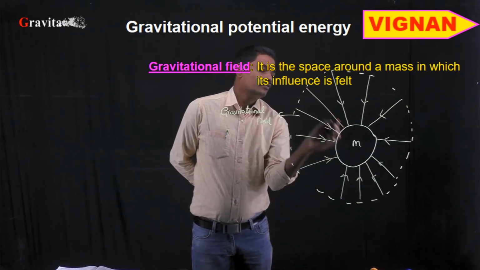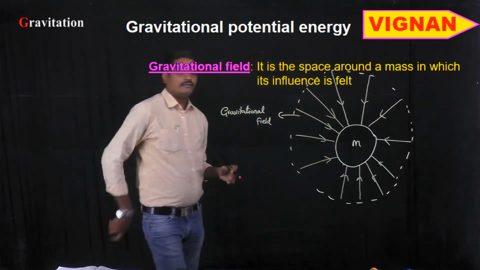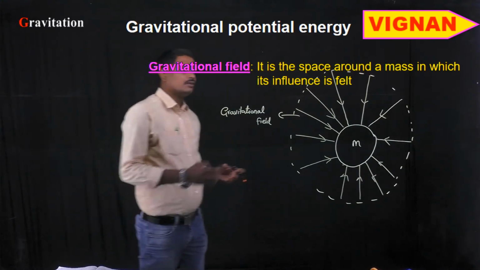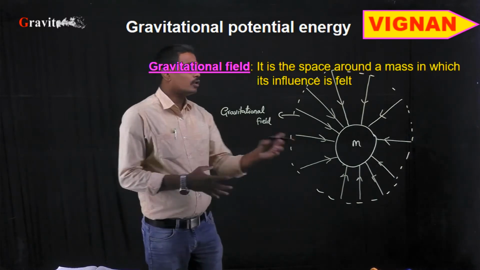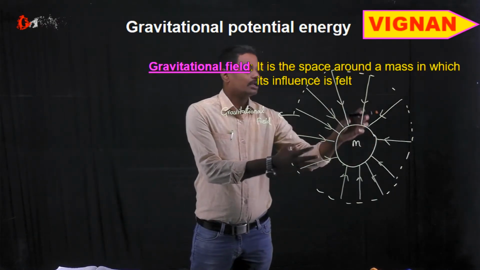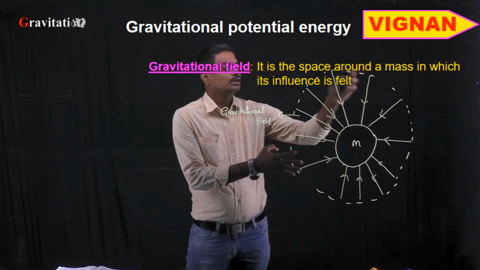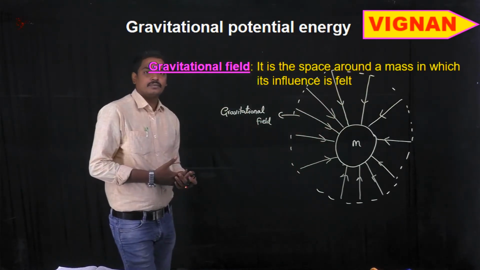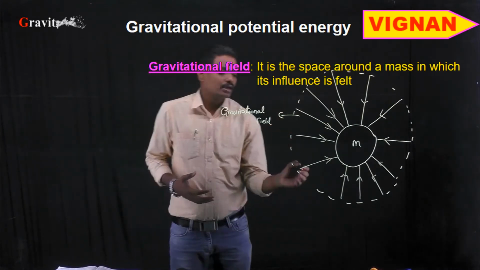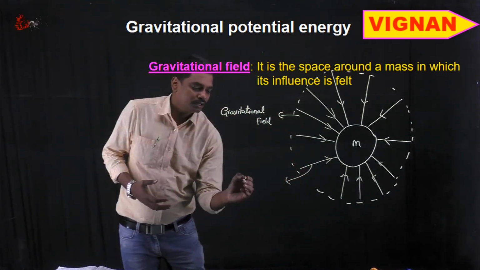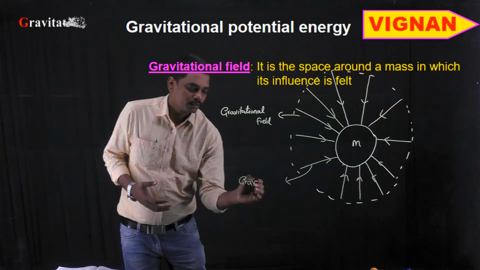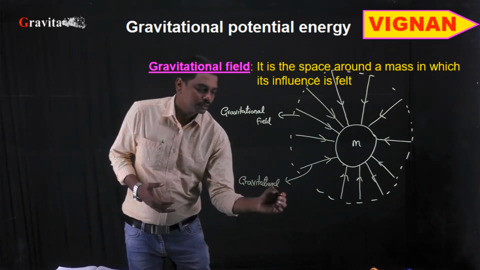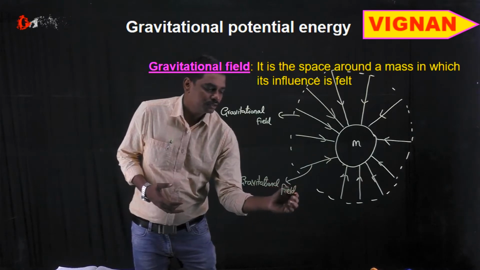If we go far away from the mass, the intensity of the field lines decreases, which indicates that the force of attraction is greater nearer to the mass, and as we go far from the mass, the gravitational force decreases. These lines are called gravitational field lines.